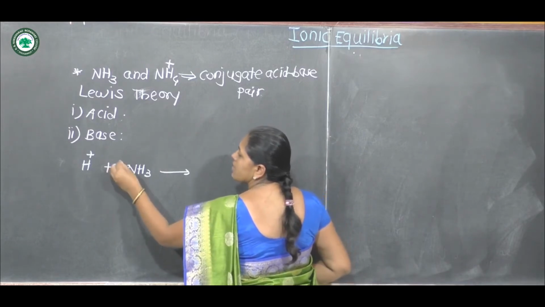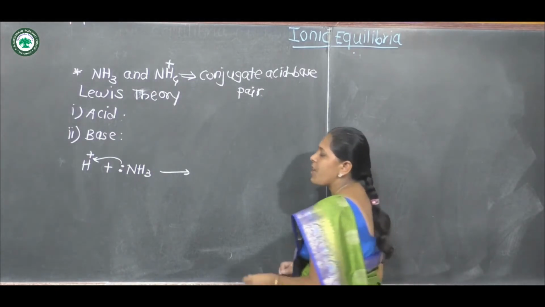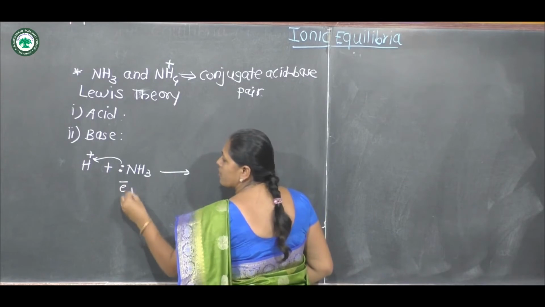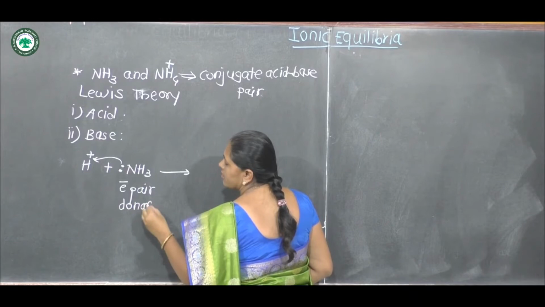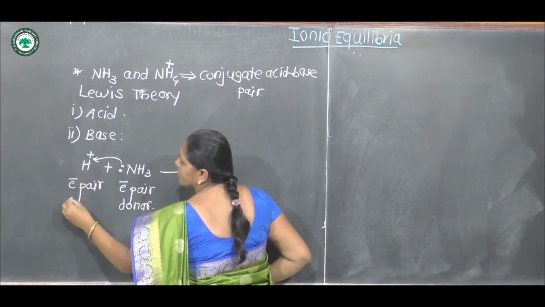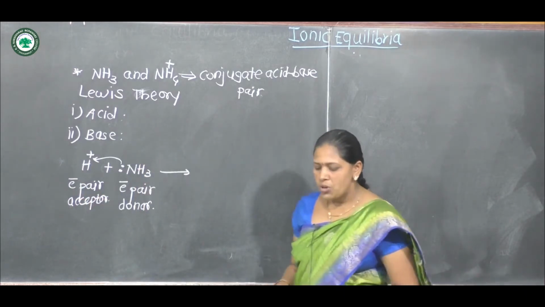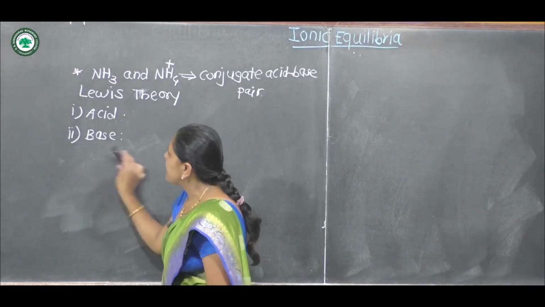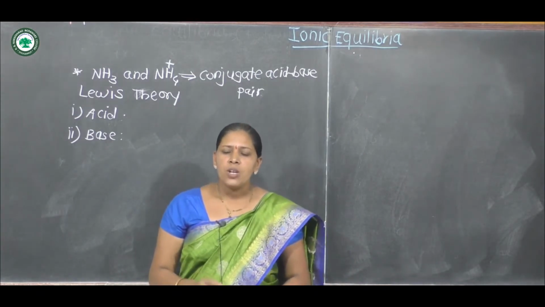This electron pair is donated to H plus, that is the electrophile. Therefore, ammonia is the electron pair donor and H plus is the electron pair acceptor. Therefore, according to Lewis's theory, acid is an electron pair acceptor and base is an electron pair donor.